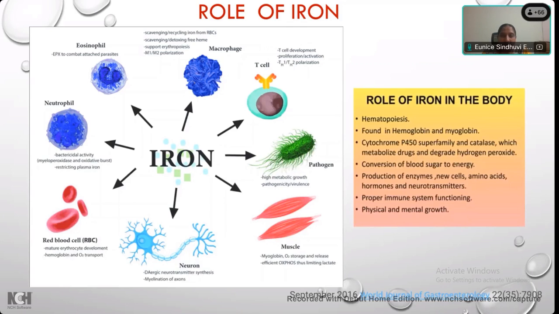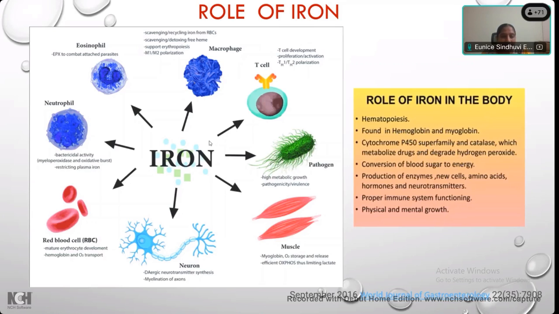So, as we all know, iron is the second most abundant element on the planet, and it has an important role in the body. Initially it was thought to be a main component of hematopoiesis alone, but with studies, it's been known that many enzymes like the cytochrome P450 families, ATP production, and also the immune system require iron.